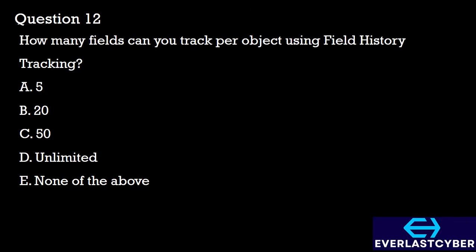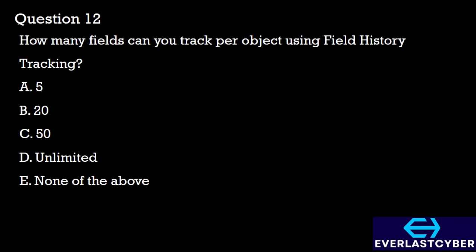For option B, 20 fields is the typical limit per object using field history tracking. The limit of 20 allows you to keep a historical record of changes for a specified number of fields on an object. Option C, 50 exceeds the standard limit of 20 fields for field history tracking. So the current Salesforce limit is not as high as 50.